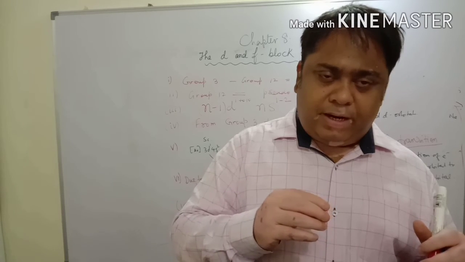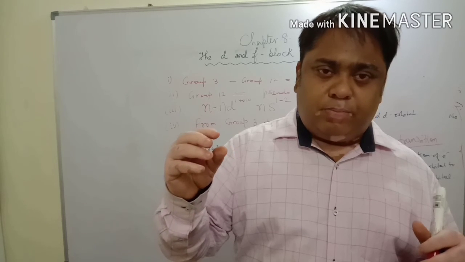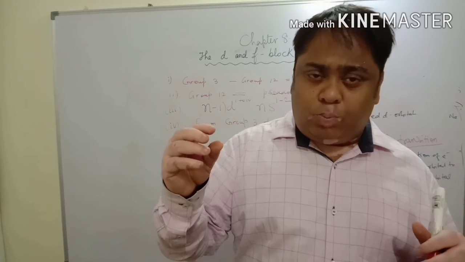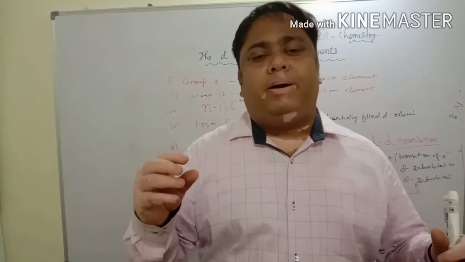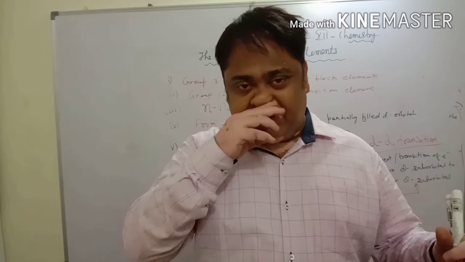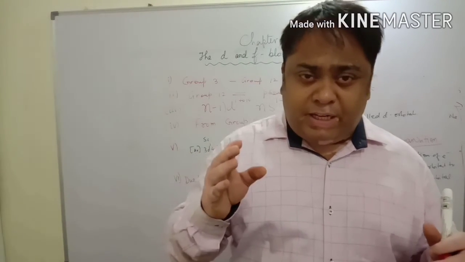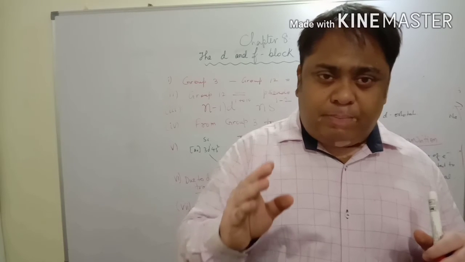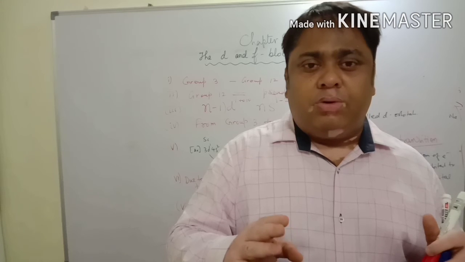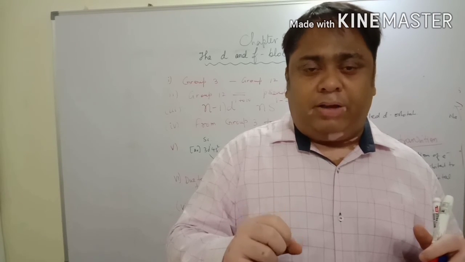So we'll find that there will be an increase in the melting point of the elements till the mid of the block, that means up to chromium, and then again there will be a drop in the melting point value up to manganese, because again pairing of electrons will start. So when pairing of electrons starts from d6 to d10, the unpaired electrons become fewer, and the fewer the unpaired electrons, the lesser the strength of the metallic bonding.